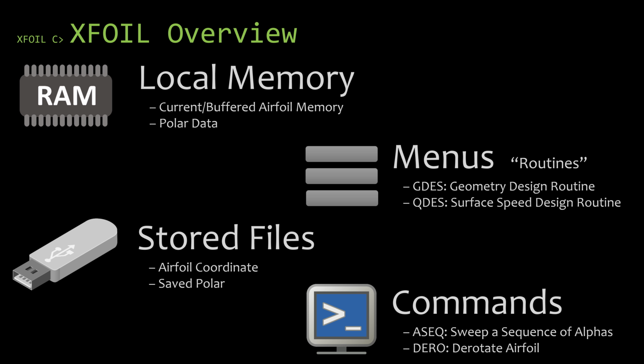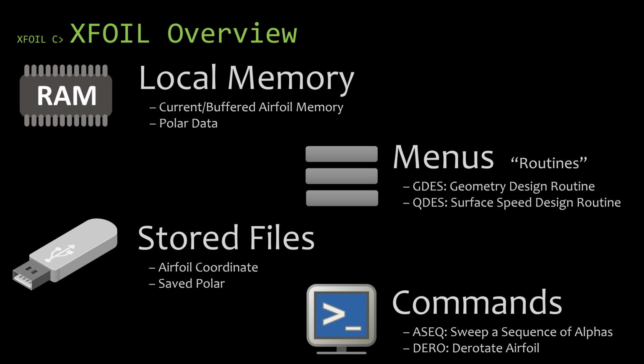The other type of memory is going to be stored files. Xfoil has some built-in functionality for loading NACA airfoils, but sometimes you might want to load your own custom airfoil, or an airfoil you found in a different database.